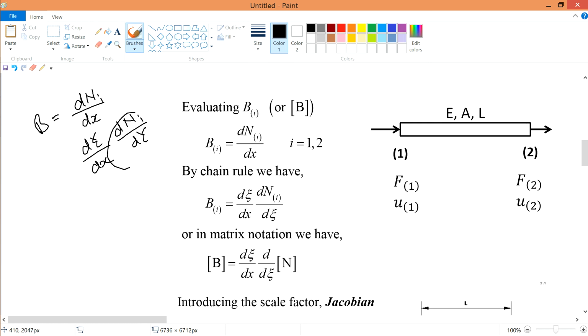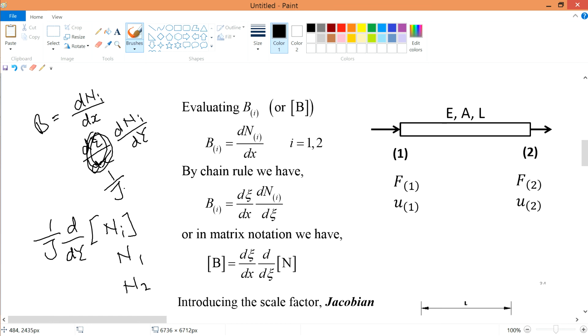I should have written this like this: dc over dx times dN over dc. So I have dc cancel, and I have dN over dx, which is equal to your B. Same thing. I'm just simply changing this to 1 over J, your Jacobian. So therefore I can simply rewrite this thing as 1 over J d/dc of matrix Ni, because these are the shape functions N1 and N2.